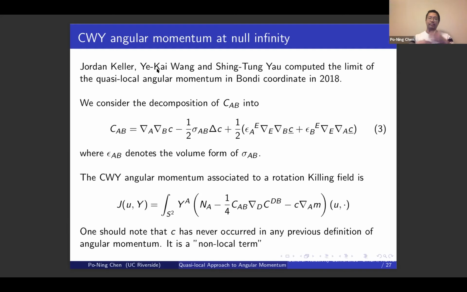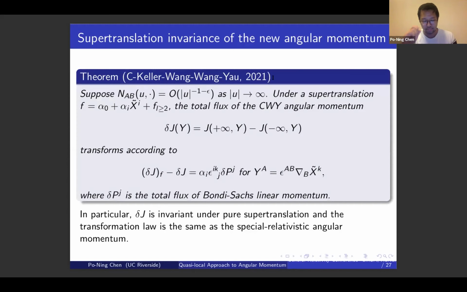There are many different definitions prior to this, but none of them has this type of non-local term. And the main result of this talk is, after this correction term, which comes from the quasilocal theory, we get a new angular momentum, which is supertranslation invariant.